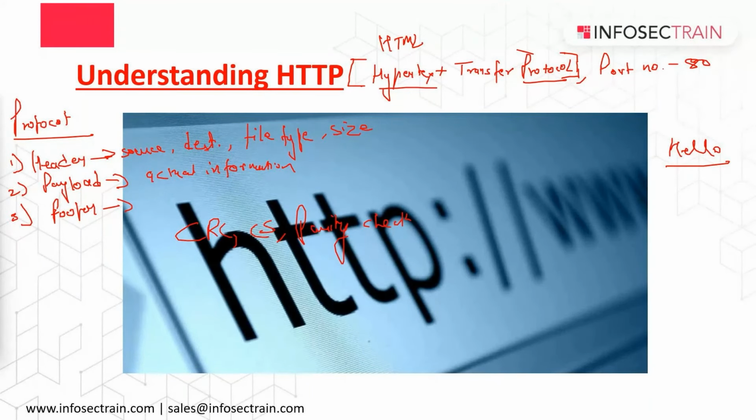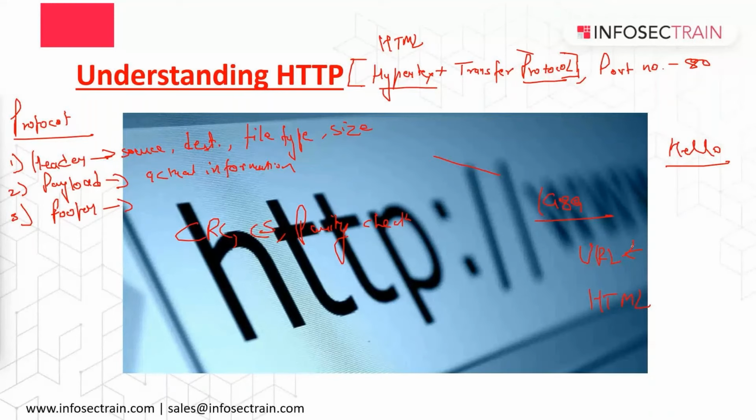Now, this protocol which we are talking about, HTTP, right? In 1989, Tim Berners-Lee developed HTTP, and they developed these contents with the concept of URL and HTML, right? URL, everyone knows, Uniform Resource Locator.